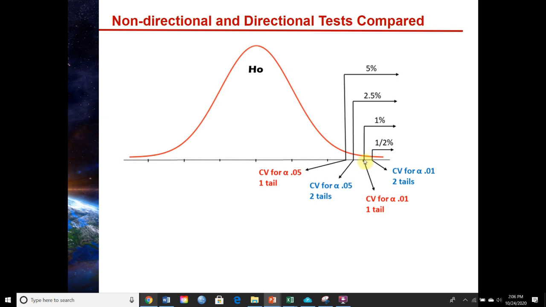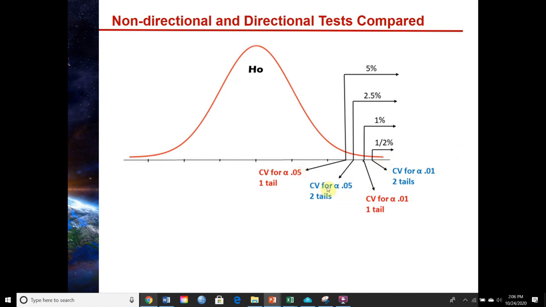So whatever this number is here becomes the critical value for alpha 0.01 in a one-tail test. And then finally, what if we wanted to use alpha 0.01 but two tails? Well, if you use alpha 0.01 two tails, you've got to take this 1% and divide it in half. So what you're going to have here is 0.5%. The other 0.5% is going to be over here in this tail. So here we have 0.5%.